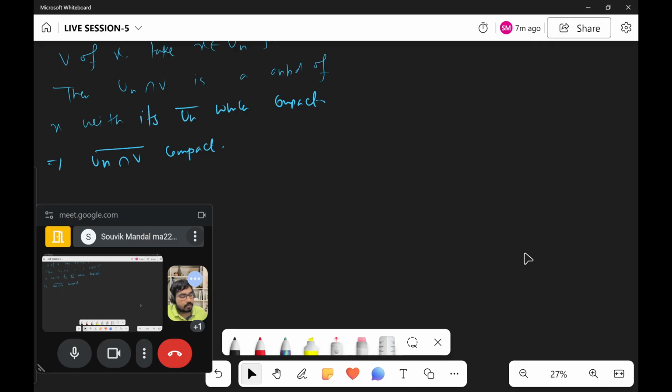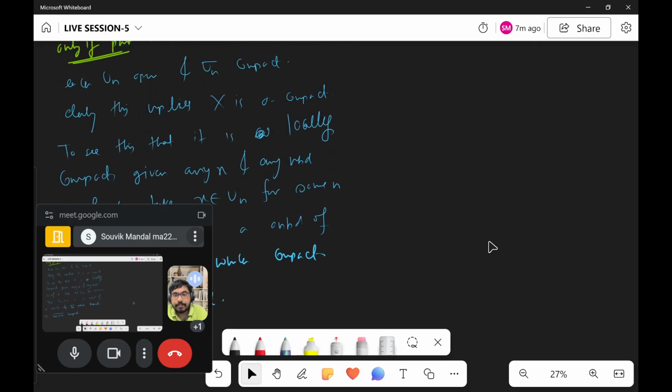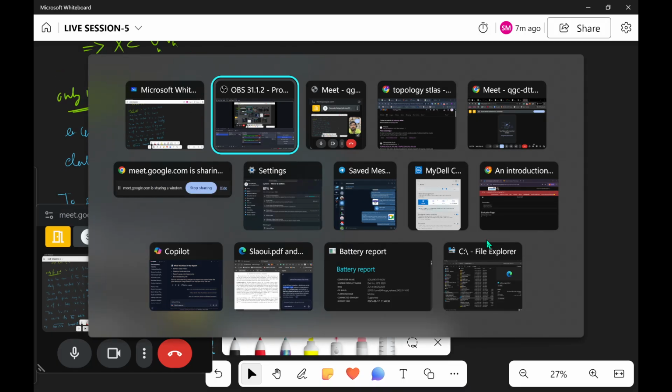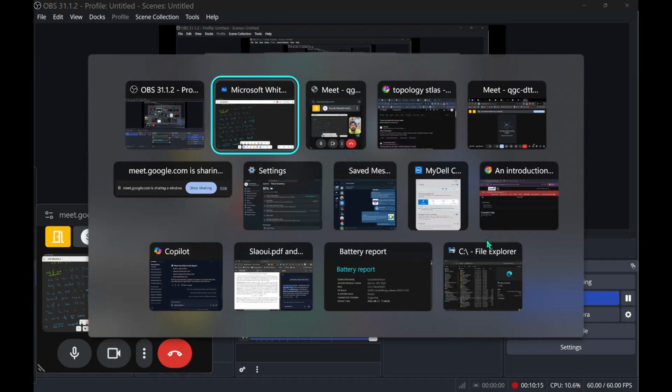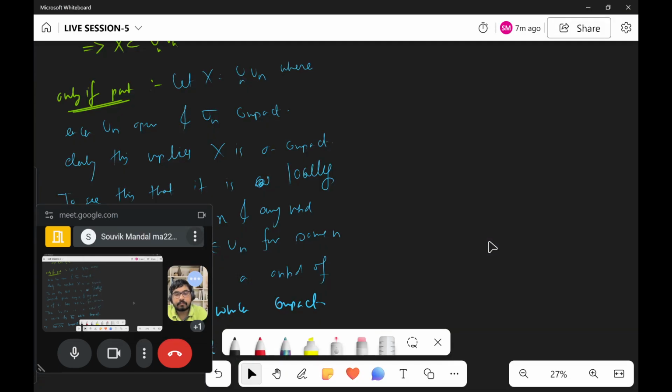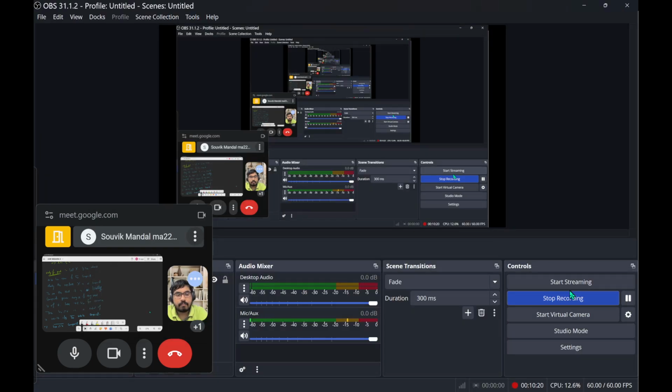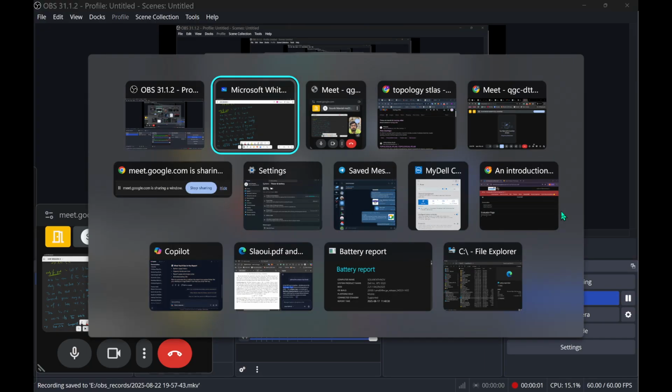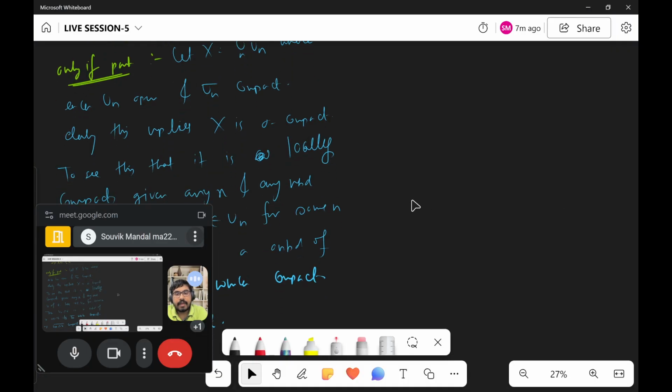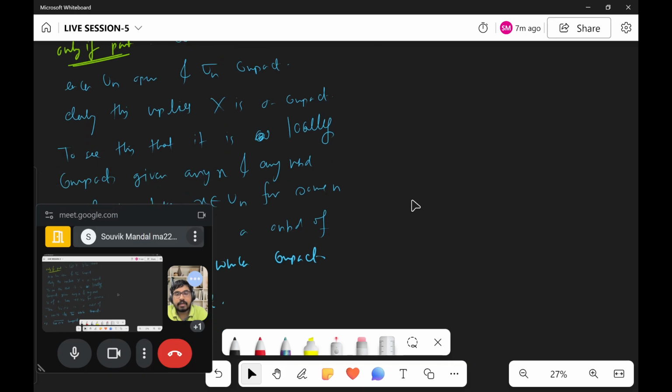So that is the argument. Let me repeat, it goes as follows. X is equal to the union of U_n, where each U_n is open and the closure of U_n is compact.